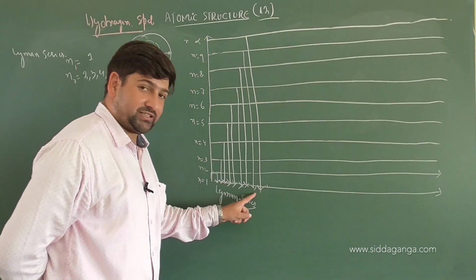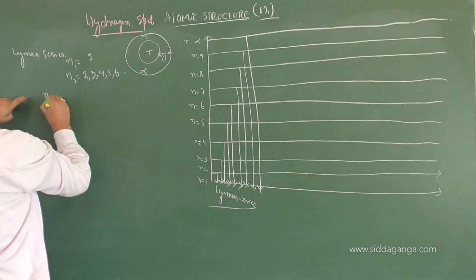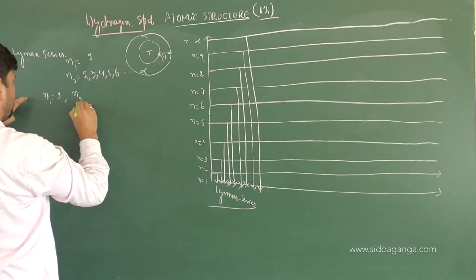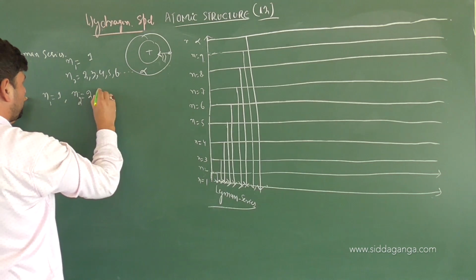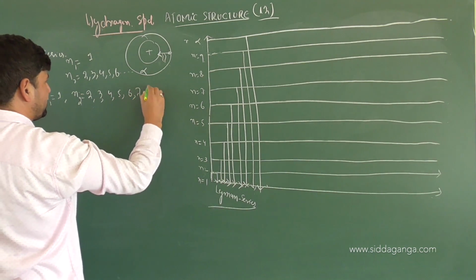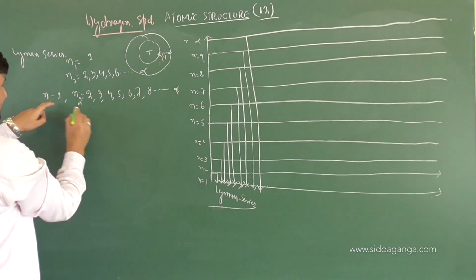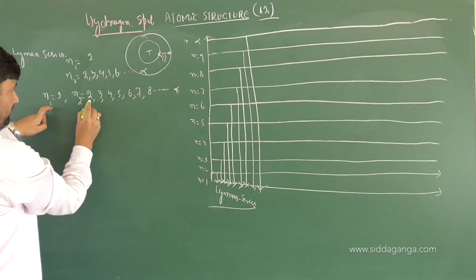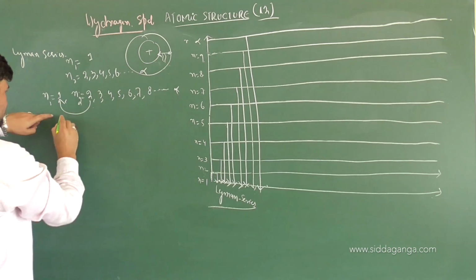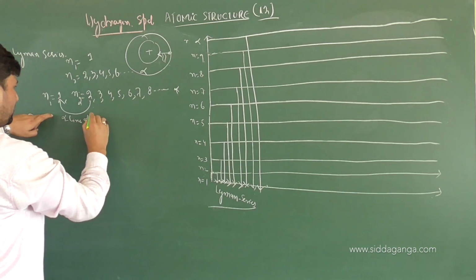So in the Lyman series, N1 for us is 1, right? And what is N2? What are the final energy states? We have 2, 3, 4, 5, 6, 7, 8, and so forth up to infinity. Remember, when the electron comes from 2 to 1, this is called the alpha line of the Lyman series.